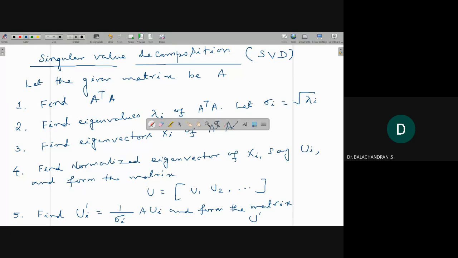This is U, this is U dash, with columns U1 dash, U2 dash, and so on. Next, step number 6. The singular value decomposition is equal to U dash, then the summation matrix, and then U transpose. This is just notation. So the given matrix A is equal to the product of 3 matrices, where U dash is U1 dash, U2 dash, and so on.